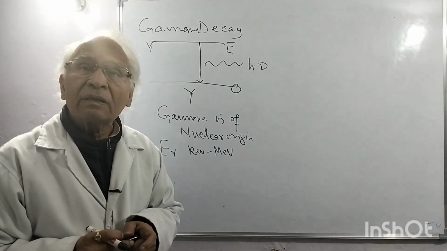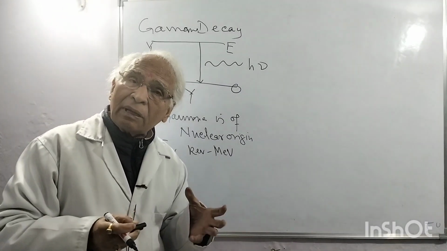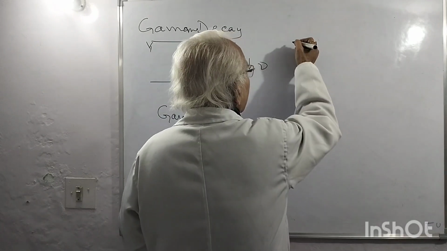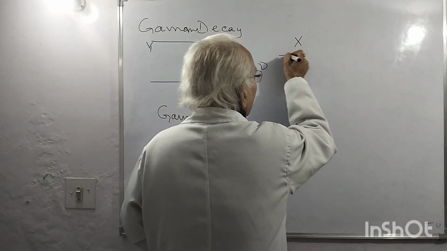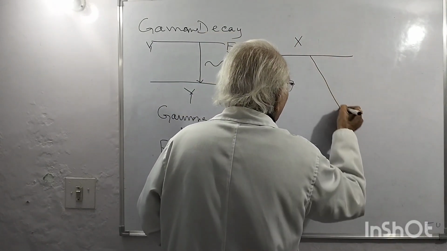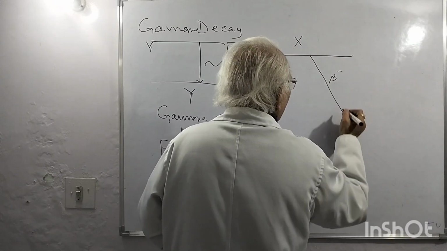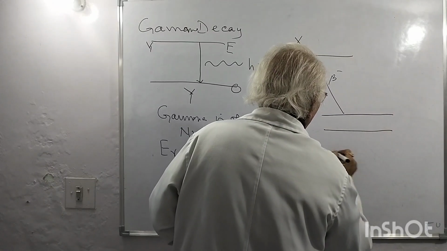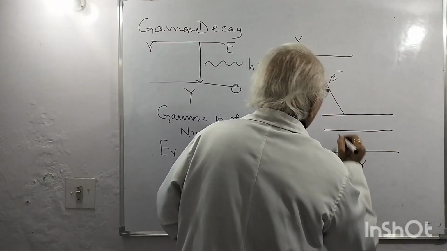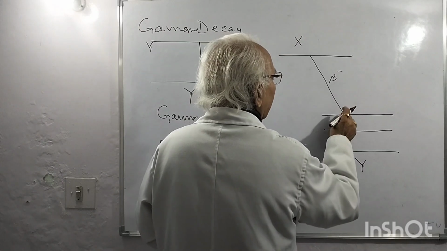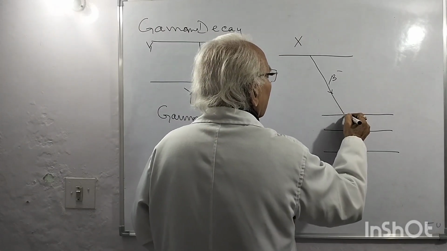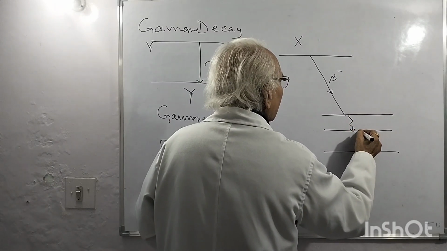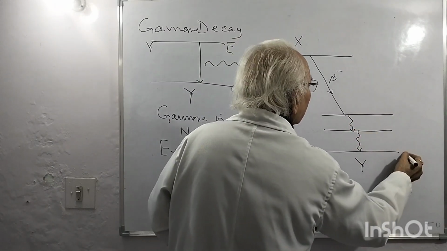Whenever there are excited states in a natural system, say beta decay is taking place, I give the example of X decaying by emission of a beta particle to Y, and this is the beta particle. Then this comes down by emission of gamma, this is also gamma, and this is 0.